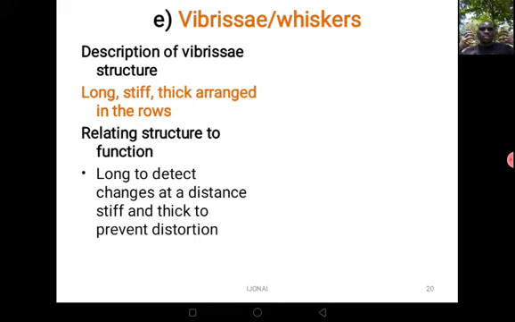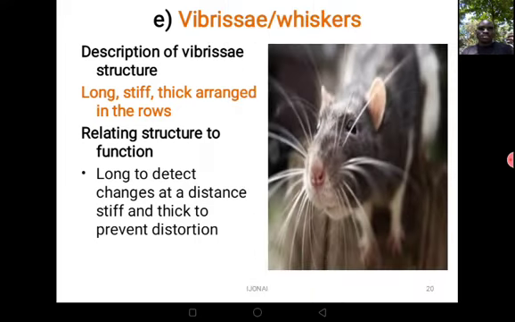These are usually those long hairy structures on the sides of the mouth and the nose, as you can see there. So when you look at the vibrissae, you realize that they are long, longer than the ordinary hairs. They are stiff, they are thick, and they are usually arranged in rows.